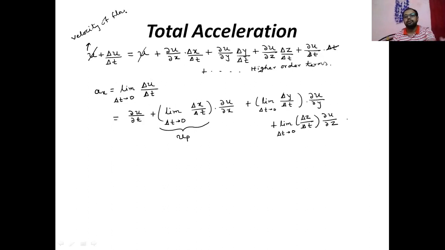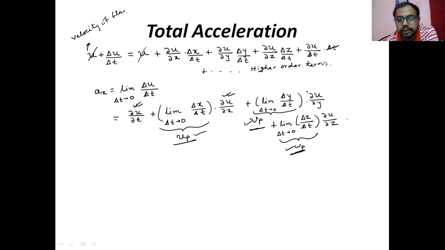Eulerian description. This u we are getting from the Eulerian description, which is local in time and space. Here, this is also UP, the particle velocity along the x-axis, VP, particle velocity along the y-axis, and this is WP, particle velocity along the z-axis. These three terms are coming from the Lagrangian description. But the other terms, the double arrow we are making, are coming from the Eulerian description.